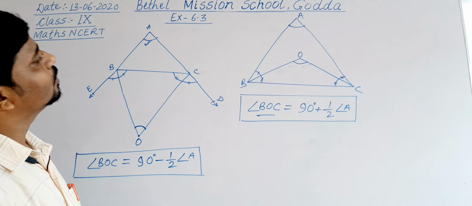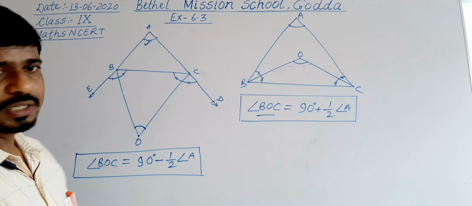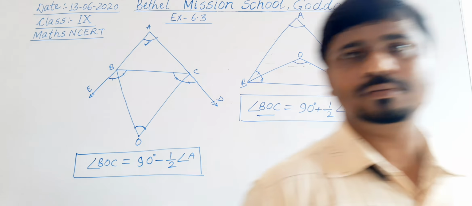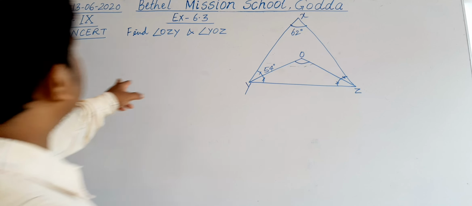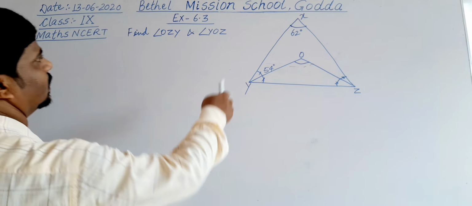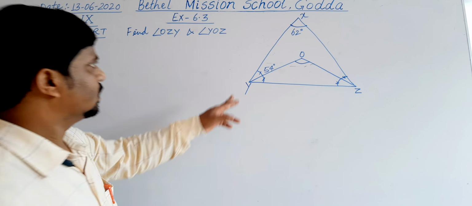So this is the property, and we can use it. See one example I am showing you. Here this is the triangle XYZ.